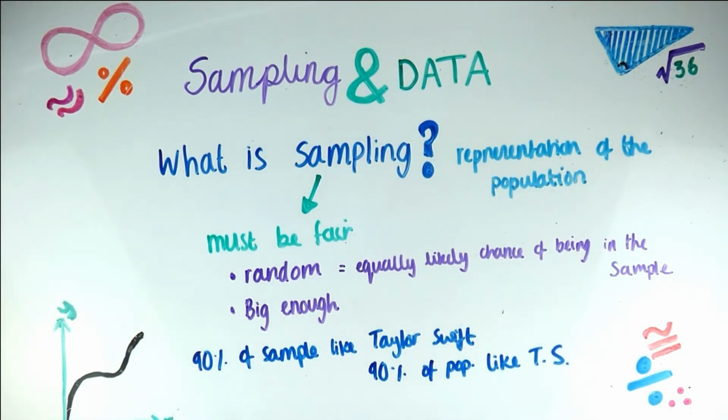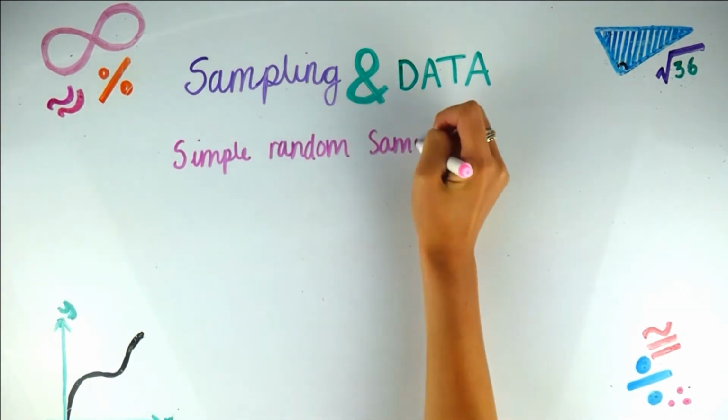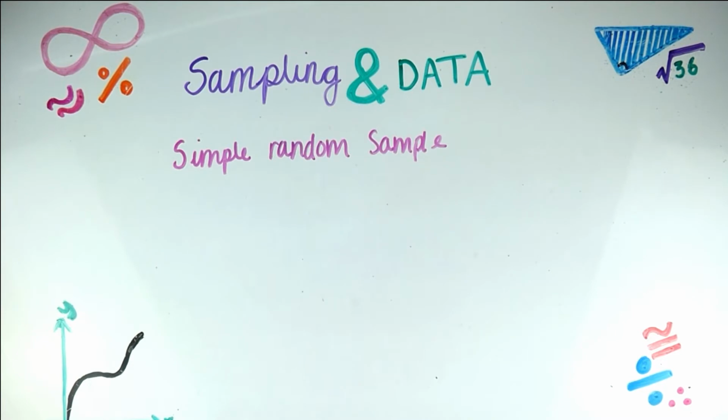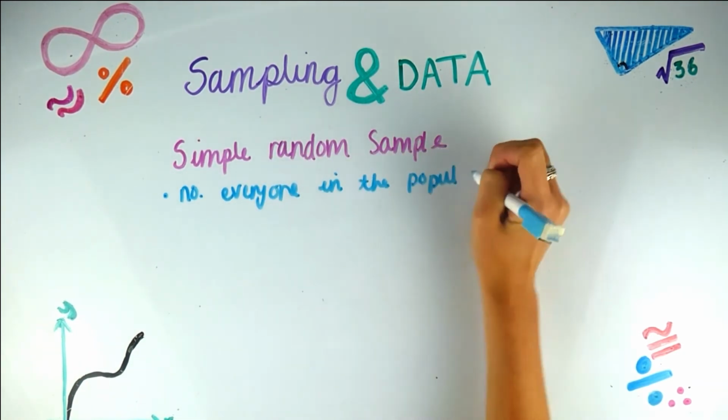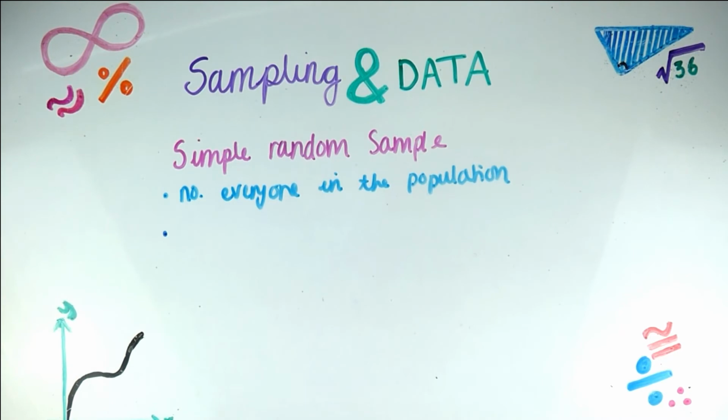Let's say we were going to create a simple random sample. How would we do that? The first thing you would do to create a simple random sample would be to number everyone in the population. The second step would be to get a list of random numbers, so maybe use a random number generator, something like that.